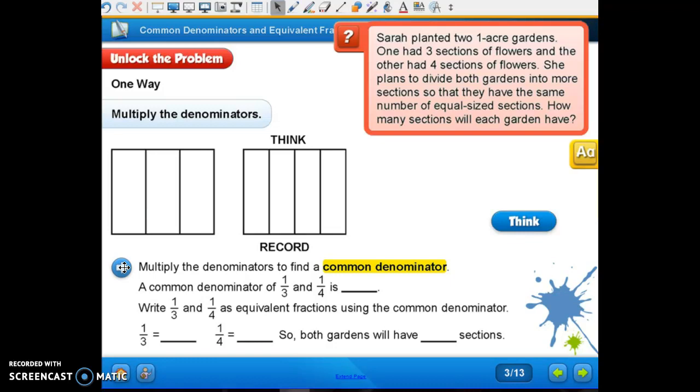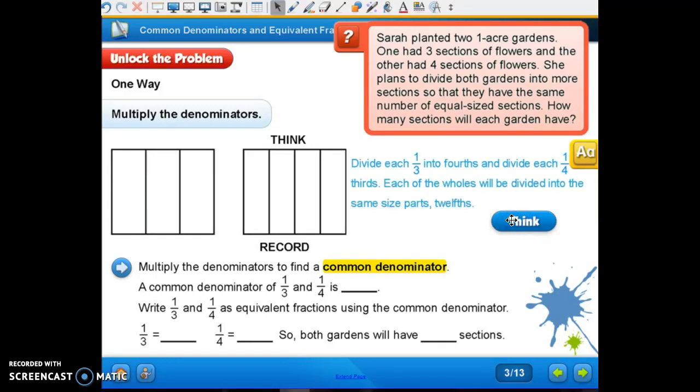Okay, the first thing we're going to do is divide each third into fourths. So this one is thirds, and we are going to divide that into fourths. So you should be able to put a line down the center of each one, and then down the center of each of those.